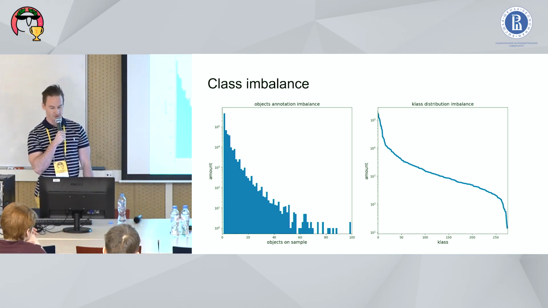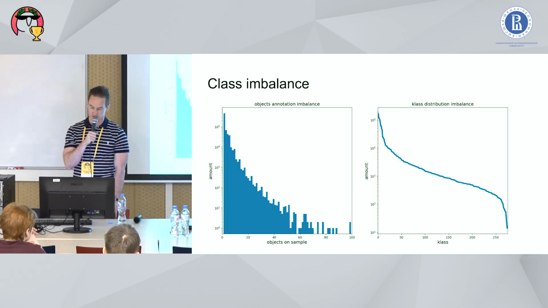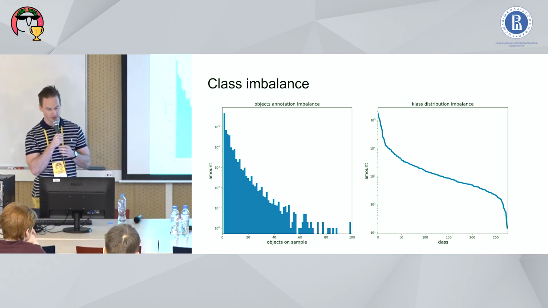So it's a very huge imbalance in the classes. For example, some classes like human are very common in this dataset, and some other classes present only a few samples in this dataset. And all teams have to handle this imbalance in some manner.